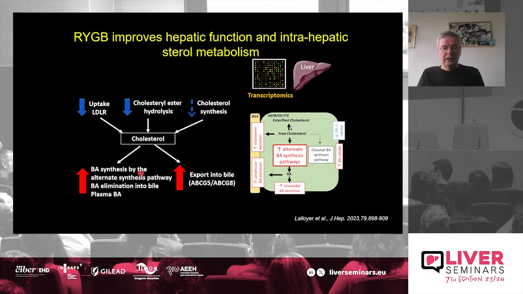But unlike some of the FXR drugs that work mainly on the classical pathway, we found that in these patients, the alternate pathway via 27-alpha hydroxylase is mainly activated, and this allows the body to eliminate cholesterol through bile acid synthesis into the bile. And this is what you see also in induction of ABCG5, G8, all pushing the cholesterol coming from the periphery after the Roux-en-Y gastric bypass.